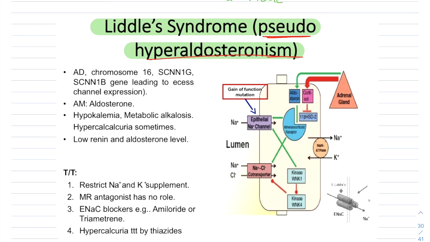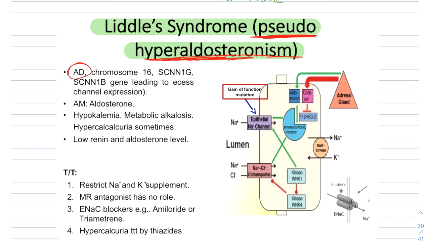Why pseudo? Because here aldosterone is not high, but it appears as if the aldosterone is high. There is increased sodium reabsorption in the absence of excess aldosterone action, or it is independent of the mineralocorticoid effect.